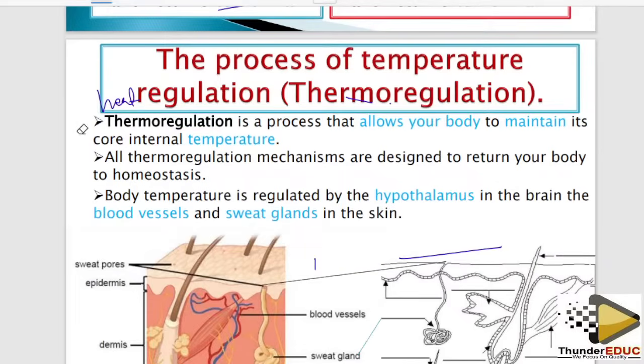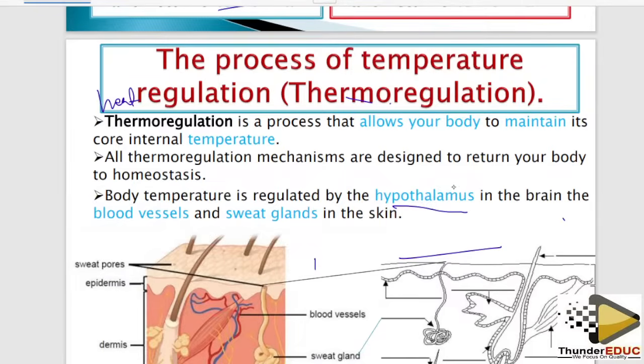Thermoregulation is the process that allows your body to maintain its core internal temperature. All thermoregulation mechanisms are designed to return your body temperature to a steady one. The body temperature is regulated by the hypothalamus in the brain.